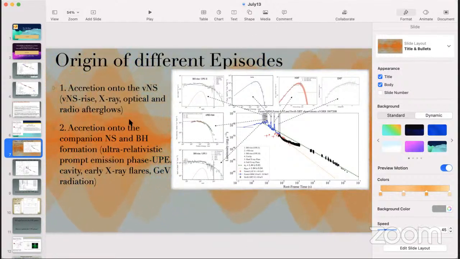The supernova which gives origin to the initial accretion is a standard one. This is the key point.